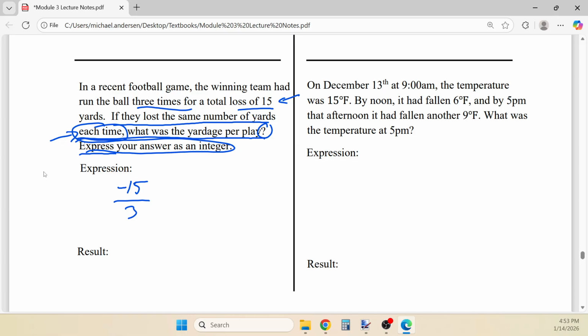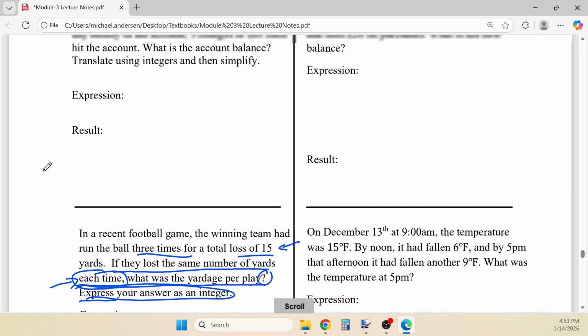So there's our expression, and then we have to evaluate it. 3 goes into 15 5 times. When your signs are different, your answer is negative for division. So we have this many yards per down, and this is -5 yards per down.